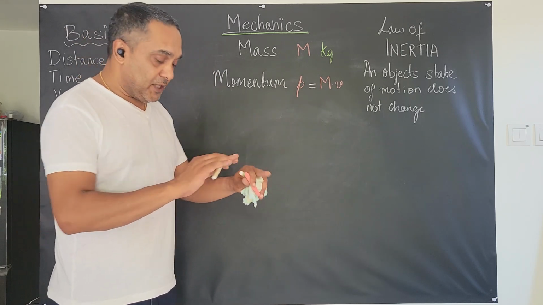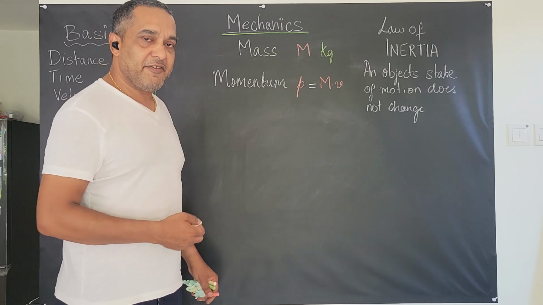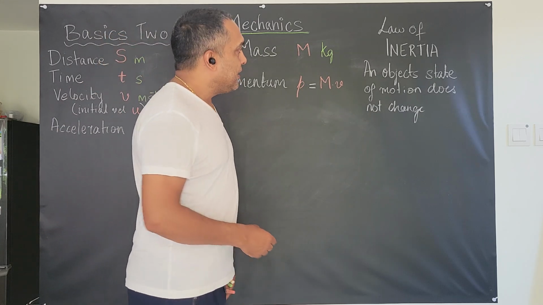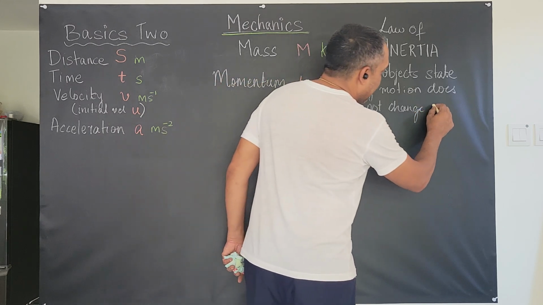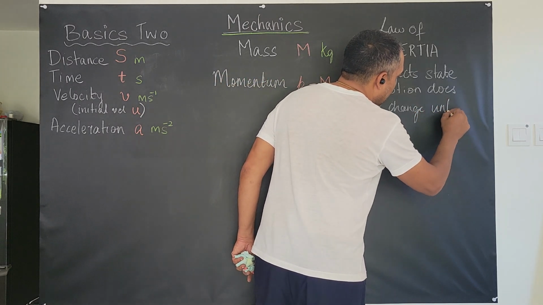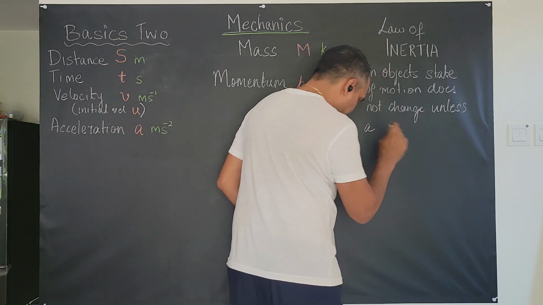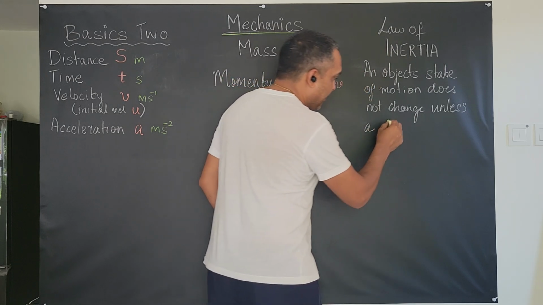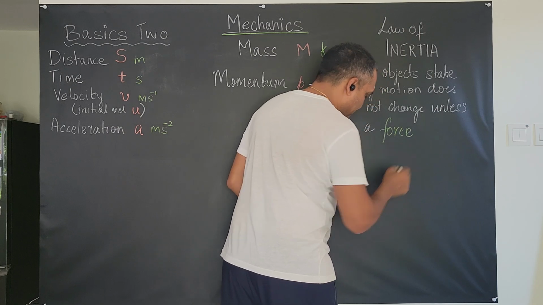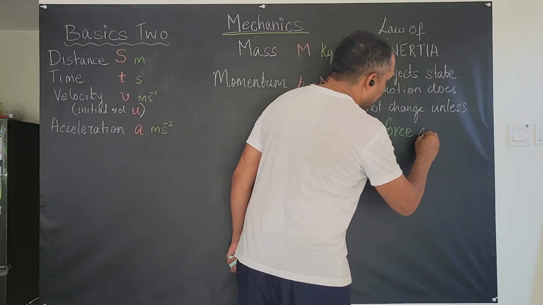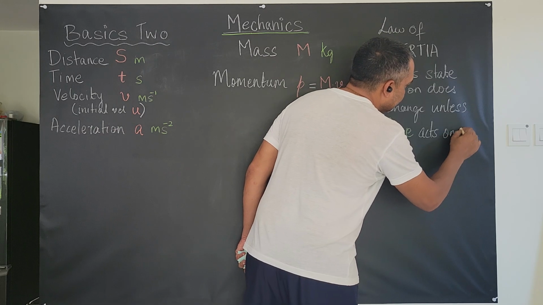And it's packaged under Newton's first law of motion. It's effectively a derivative of the law of inertia. So an object's state of motion does not change, and here's the key, unless, and I will use another color, a force acts on it.